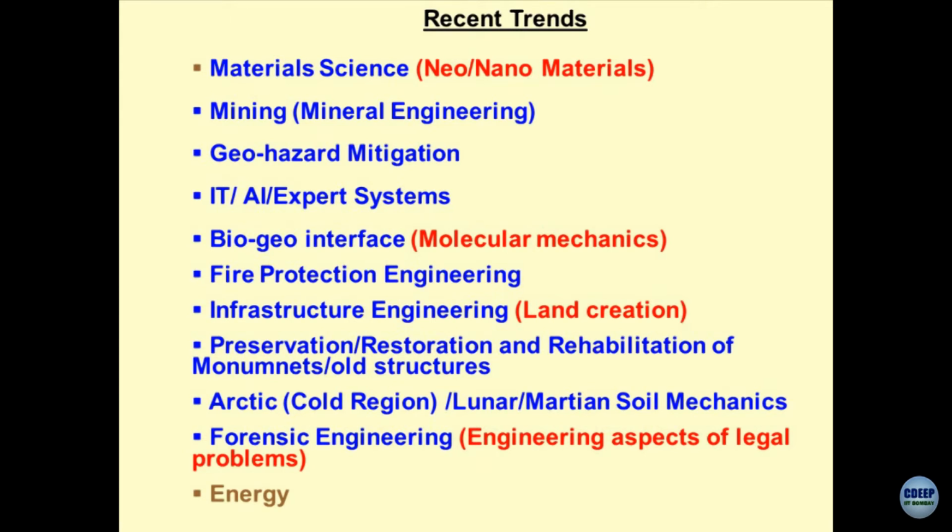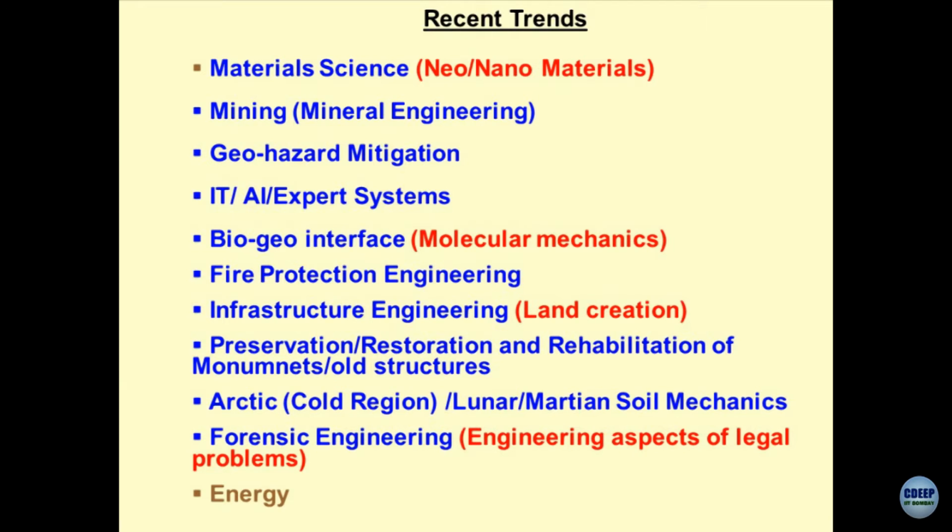There is a big boom in information technology and artificial intelligence and expert systems in the realm of geotechnical engineering. How many of you are aware of this? There are a lot of expert systems. Abacus is a simple mathematical formulation, nothing else.